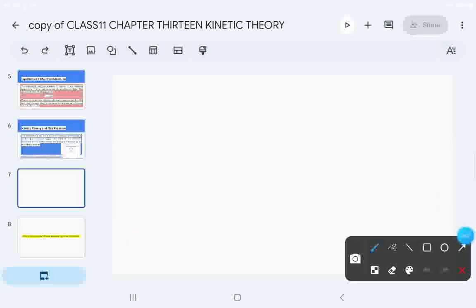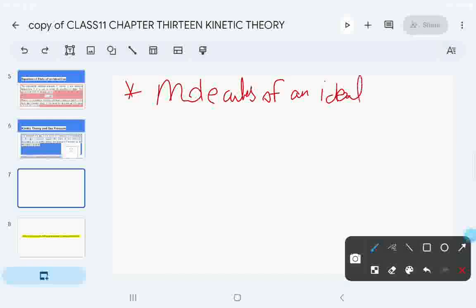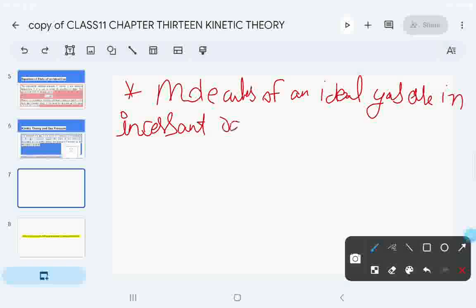We are assuming that a gas consists of molecules, and the molecules of an ideal gas are in incessant random motion. Incessant means continuous, without stopping.